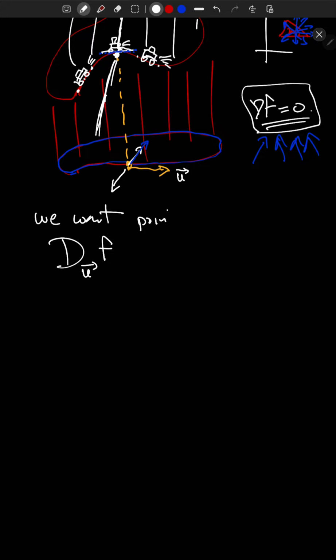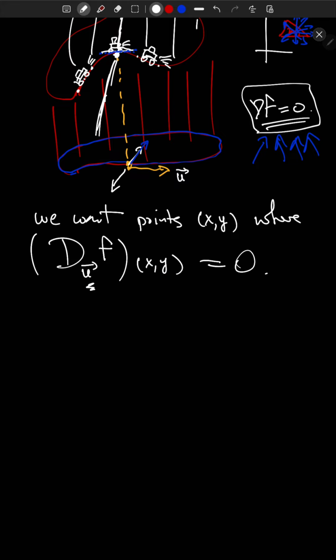We're searching for points, x comma y, as usual. We want to find the locations in the xy plane where we get the highest or lowest elevation. So we want points x comma y where the directional derivative of f in the direction of motion at x y is equal to 0.